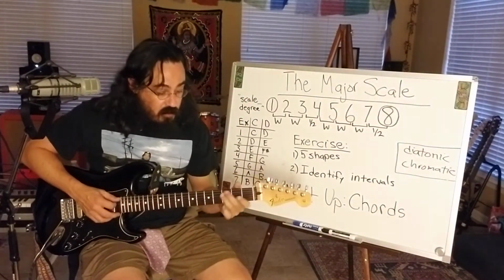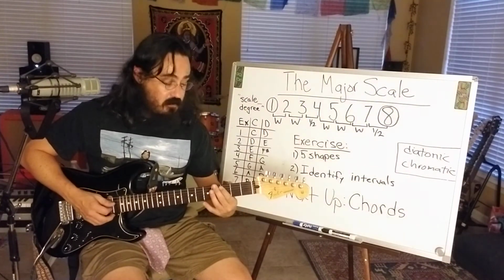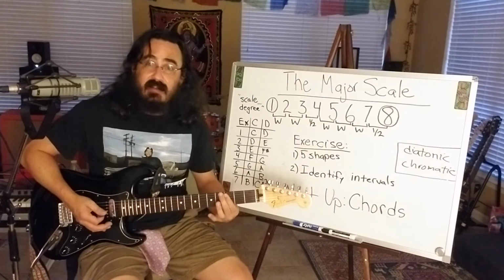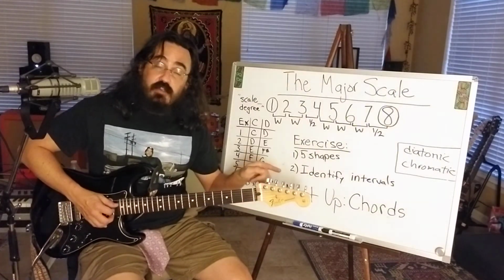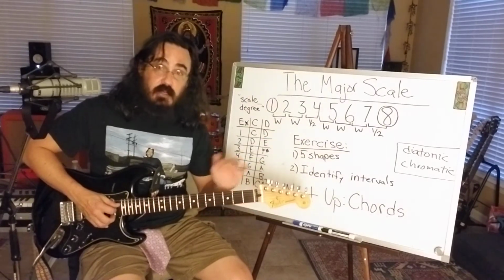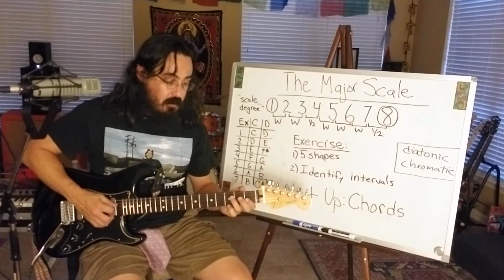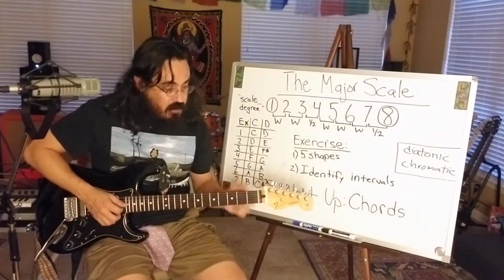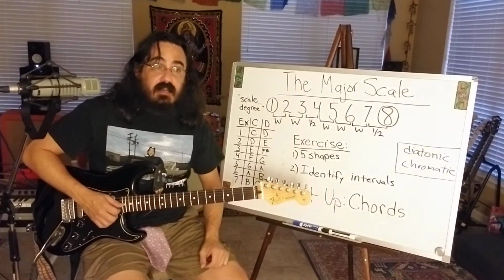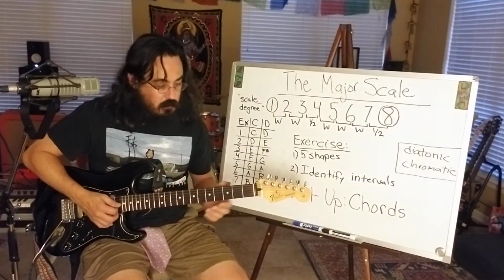We already know, like this shape, third fret, 5th and 4th strings, that's the 4th, right? This is the 3rd. Go down a whole step, and you have D, that's the 2, okay? But see if you can find the relationship between D and G. It's a 4th.